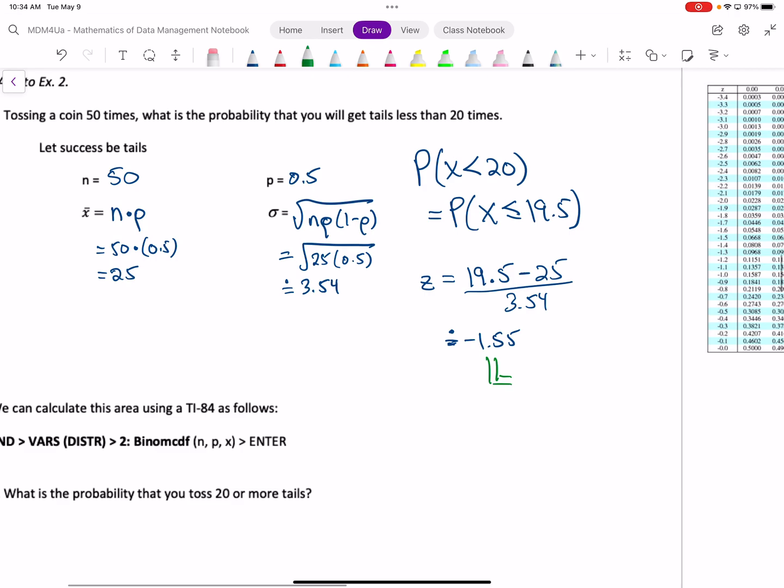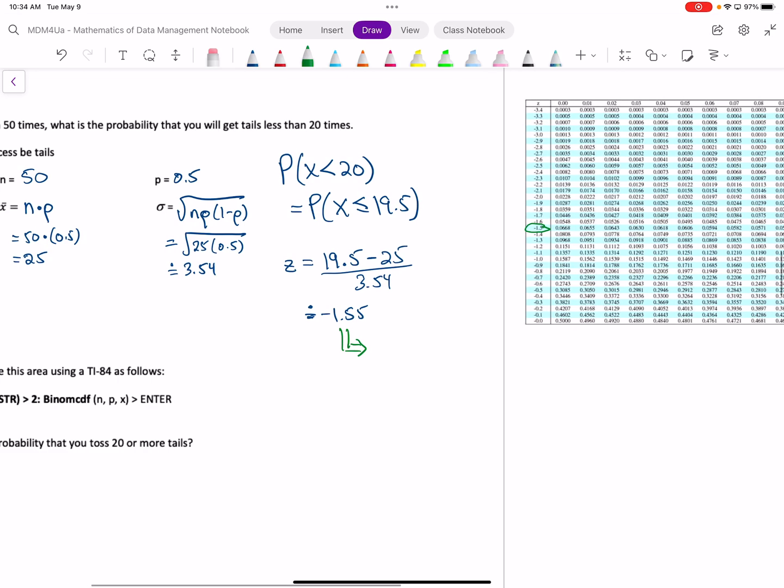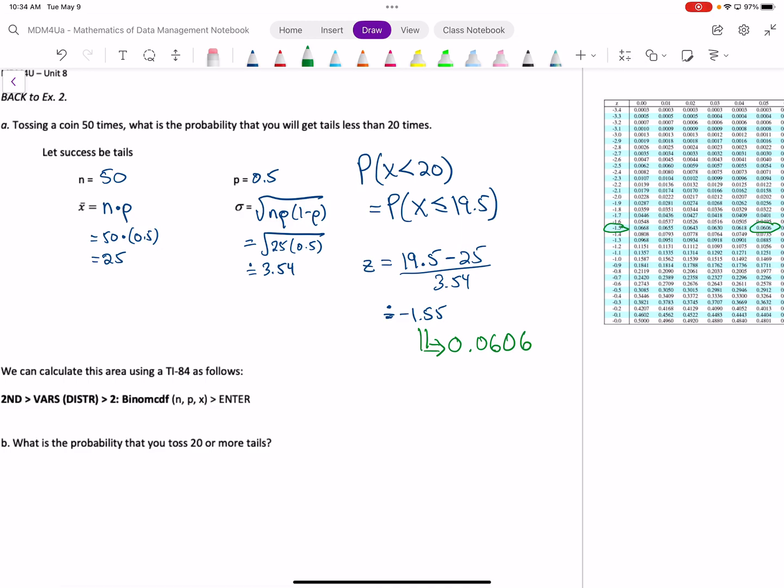This, like we did with the normal distribution, I would then go to my table. So here's negative 1.5, and I would scroll over to the other 0.5 rather, and this gets me a value of 0.0606. This would be the probability that you would get less than 20, in this case we said tails, I think it was heads before, but tails in 50 flips.